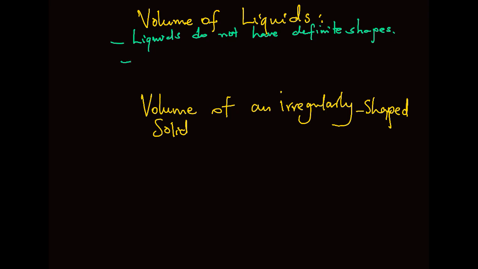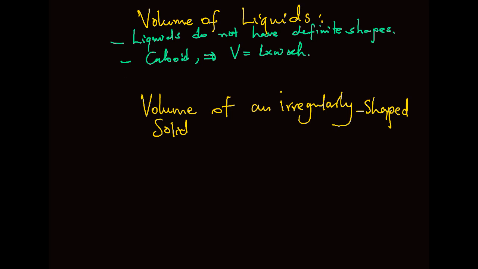For example, the container could be a cuboid. In that case, if the liquid fills the cuboid, then the volume of the liquid inside the cuboid would be given by the formula for finding the volume of a cuboid, which is V equal to length times width times height.